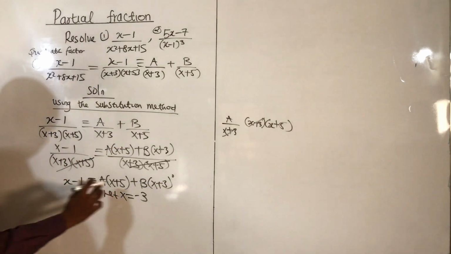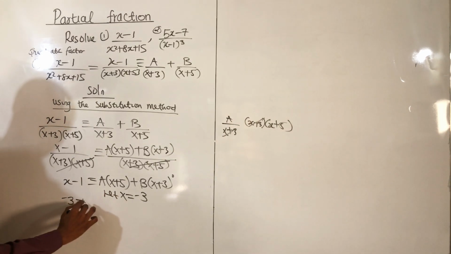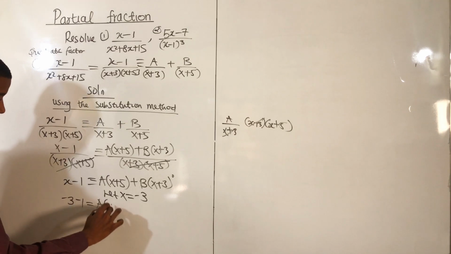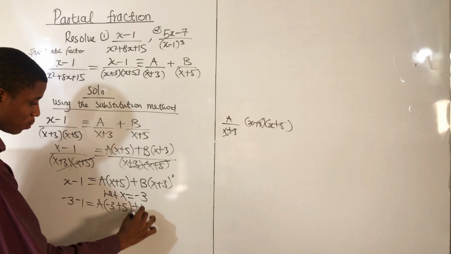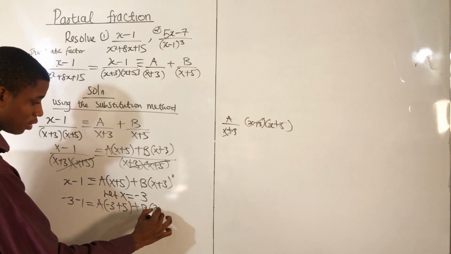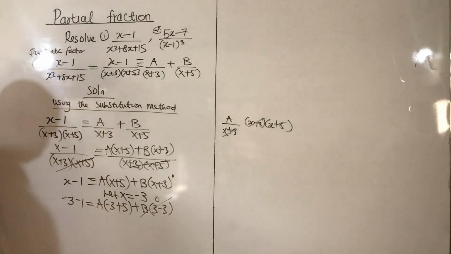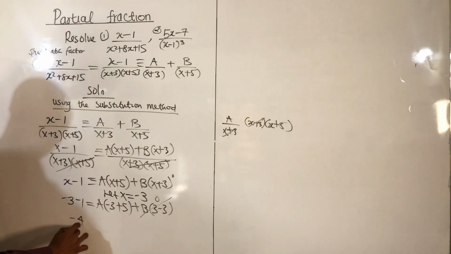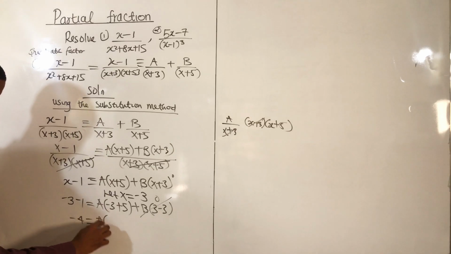So substituting, we have negative 3 minus 1 equal to A(negative 3 plus 5) plus B(3 minus 3). This is rendered 0. So here we have negative 4 is equal to A into negative 3 plus 5, which is what?